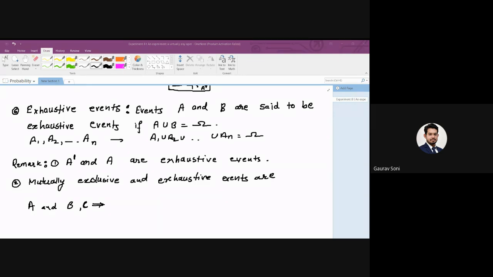We are considering those exhaustive. If I take two events, your sample space is divided into two parts. If we take three events, the sample space is divided into three parts. If I take four, it will be divided into four parts. So can I say that these are a partition of the sample space?